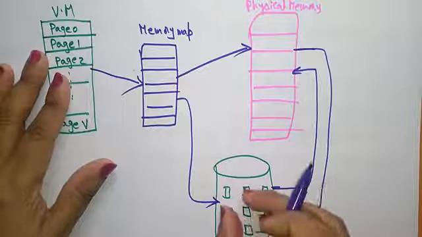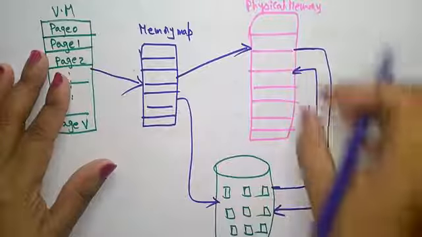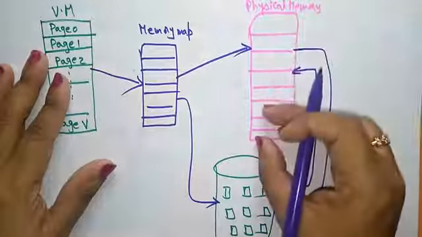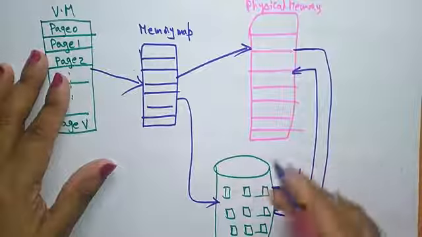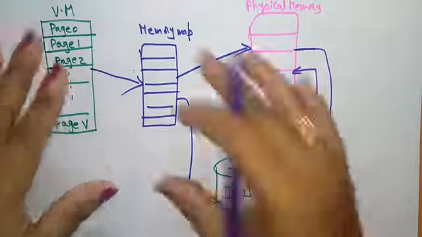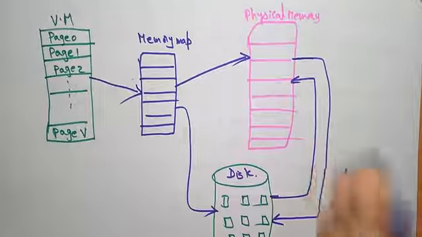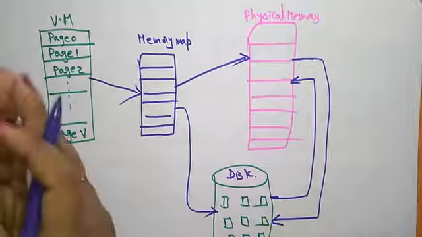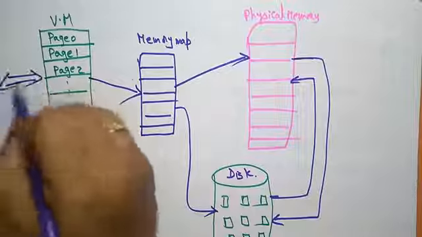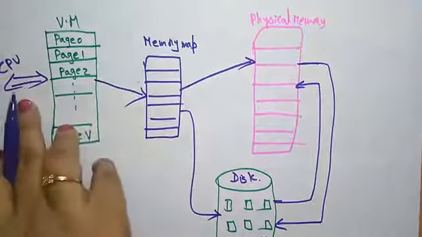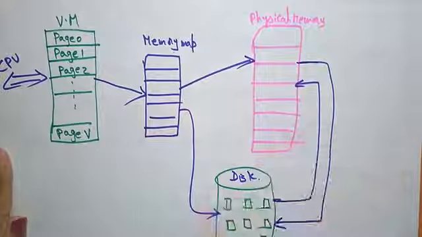Whenever we require, we can get the page frames from the disk to physical memory, and if there is no space in the physical memory, the unused page frame can be sent to the disk. This is how the process is done inside the operating system. This is the CPU, which sends or receives data with the help of the virtual memory concept.